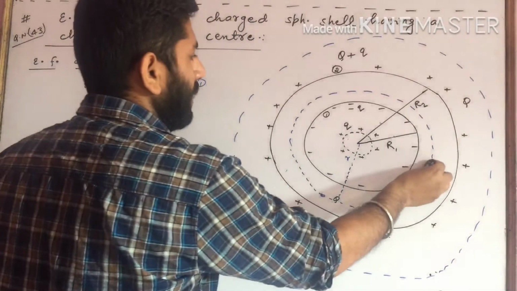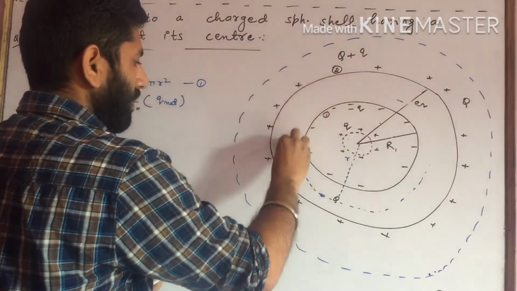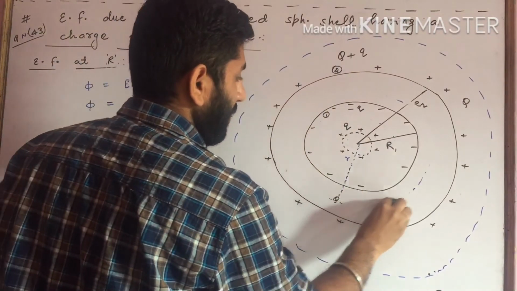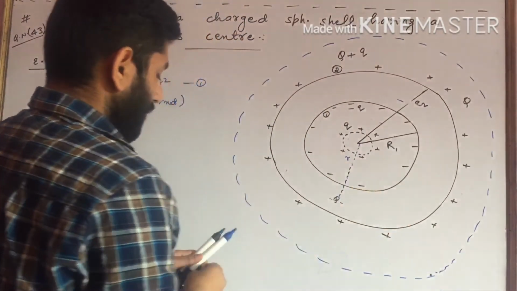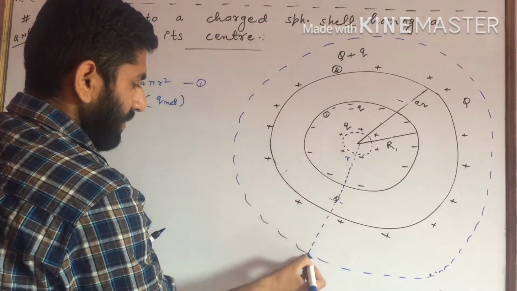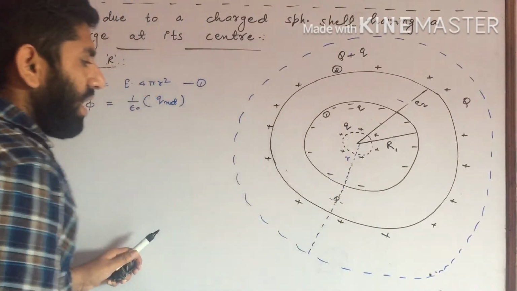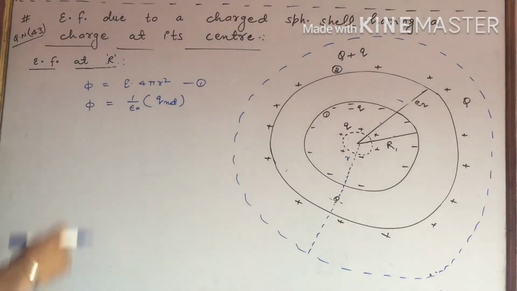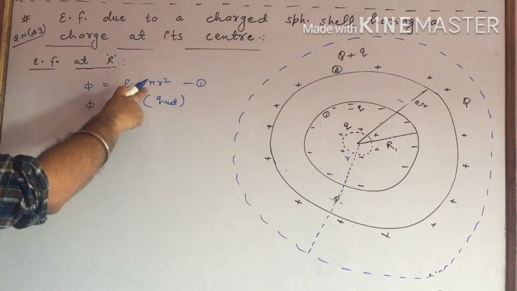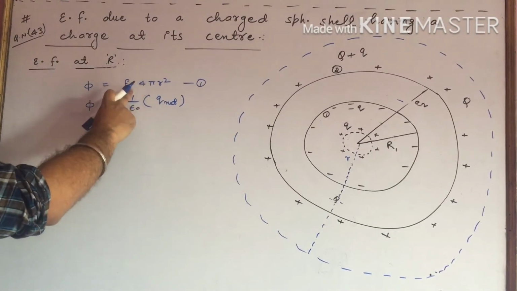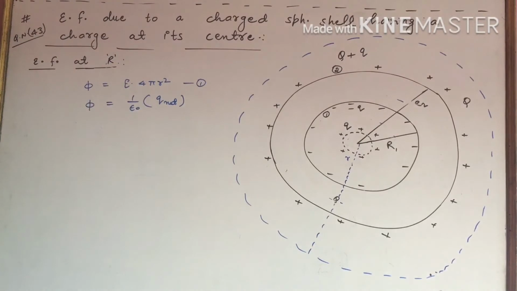Now we don't require this. So now this is our Gaussian surface. Suppose its radius is r. So first part, finding out the flux using definition, so that will become E into 4 pi r square.